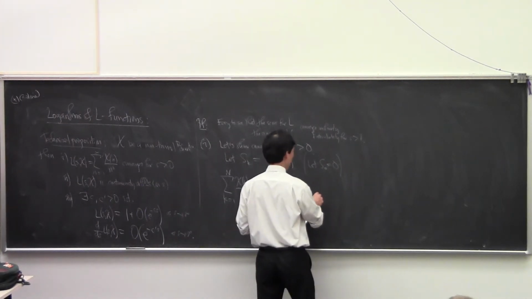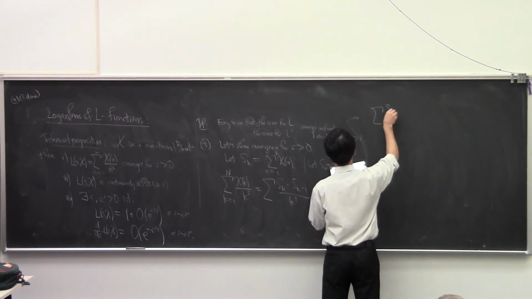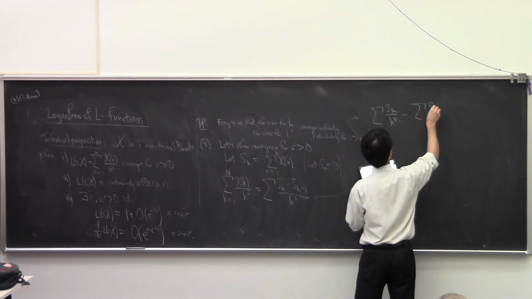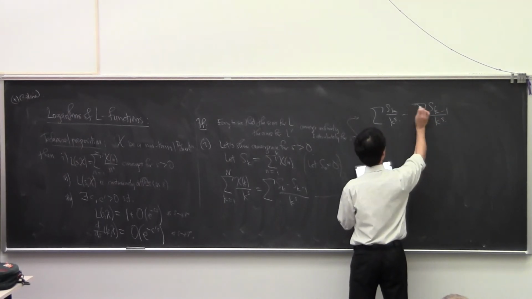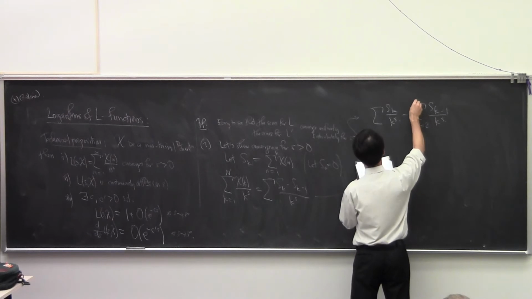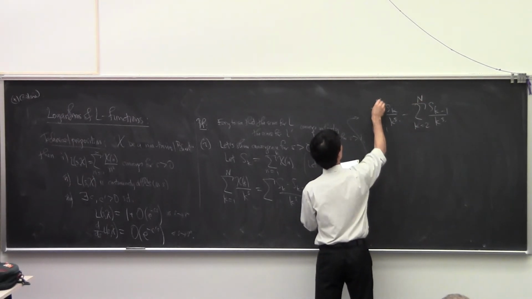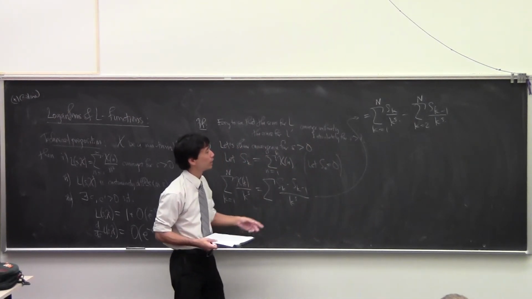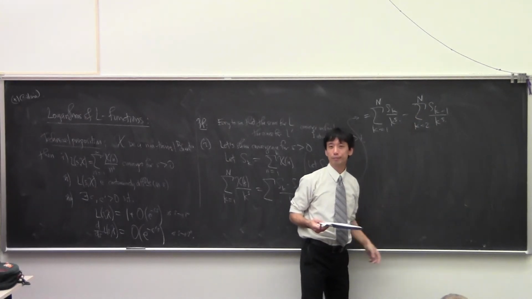And then we do something even less interesting. We break it into two parts. We don't need the k equals 1 term here because S_0 is 0.